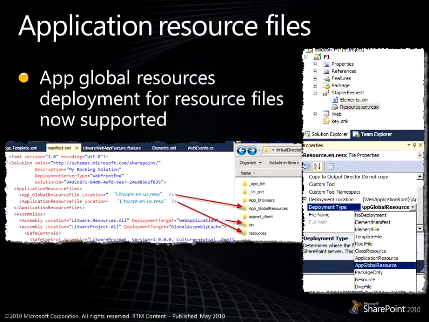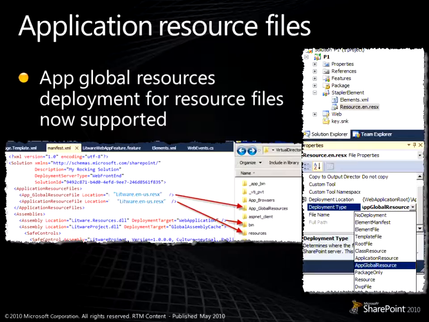If you want to utilize the standard .NET 3.5 resource file code to provide, for example, multilingual support for your web parts, you'll need to place your resource file in the app global resources folder for the particular web application.